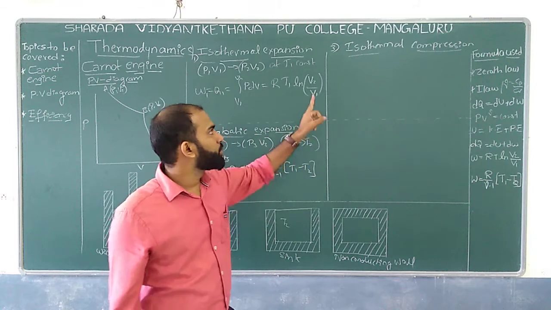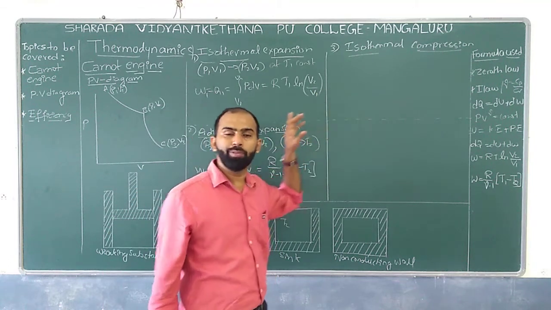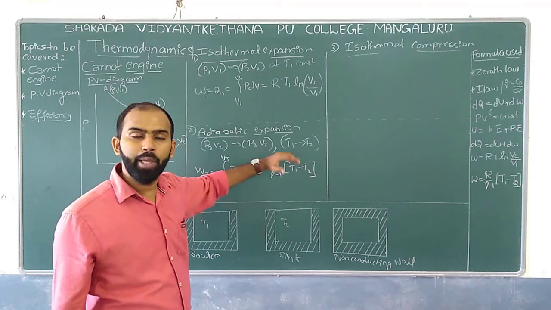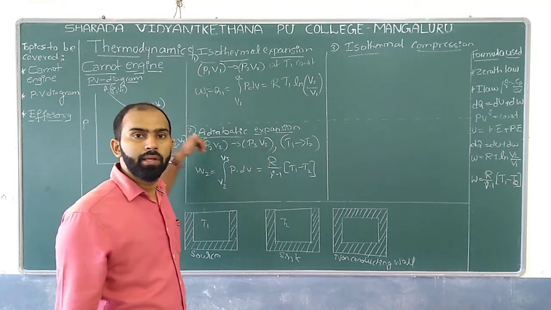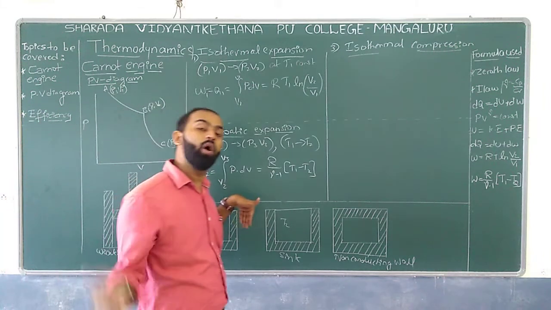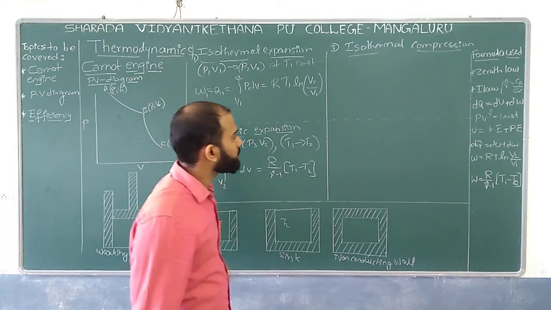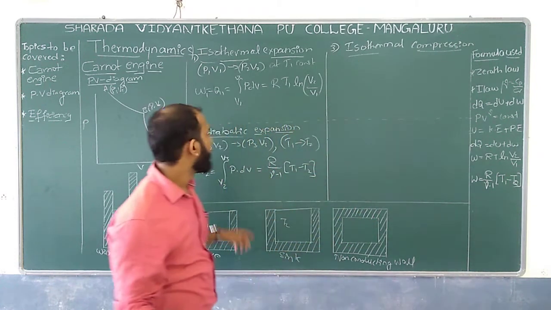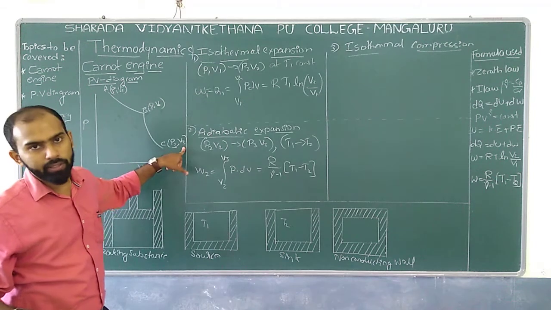Understood? Well, since we have isothermal compression, your job is to keep the working substance on where? On the top of the sink. If you keep it on the top of the sink, what happens? Your piston is moving downward, and as a result, work is done on the system. So now, your pressure and volume varies from where to where. Initially, it was P3 and V3.